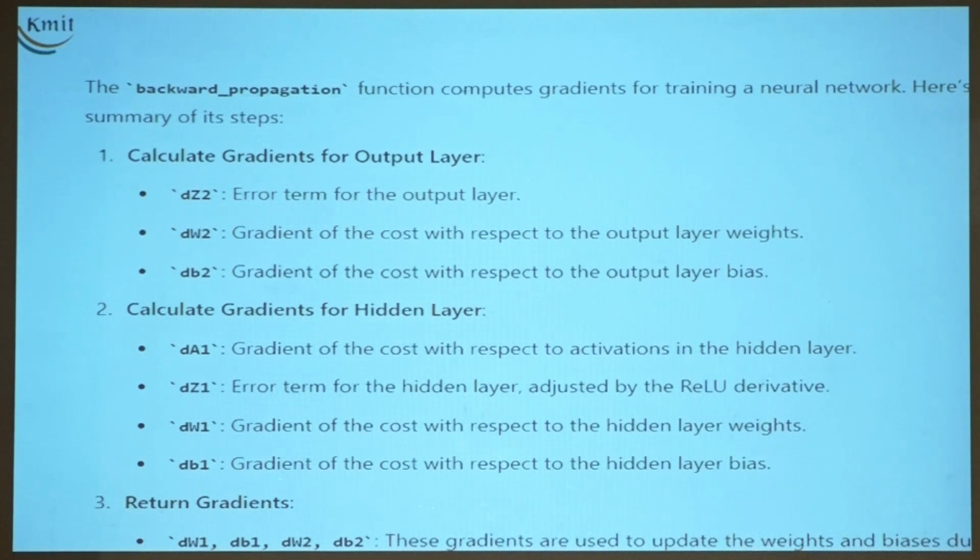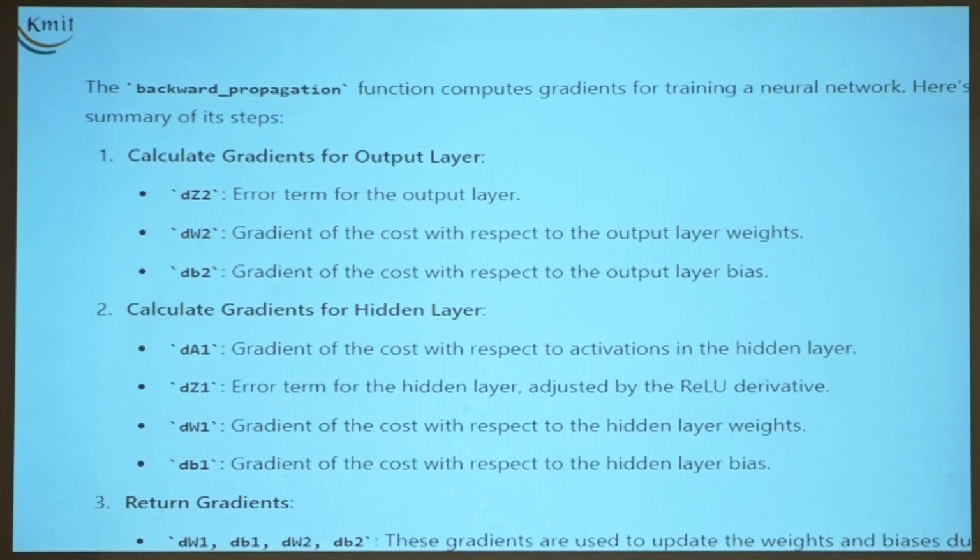Now, let us see how we calculate gradients for output layer. I am defining three parameters here: dz2, dw2, db2. Now, what is dz2? What is z2? We have already given z1, z2, a1, a2. Z2 is the connection from hidden to output, where we are adding bias with weights and inputs. I want to change the weights here, for which I will calculate the derivative of z2, where my W2 weights would be changed.